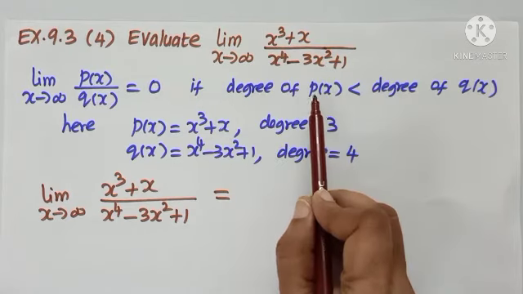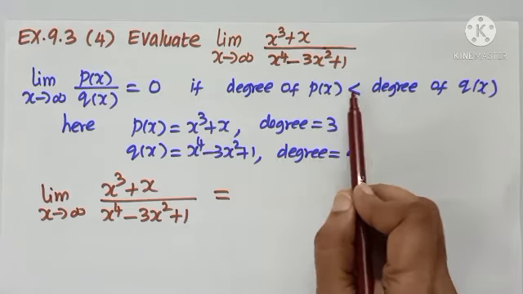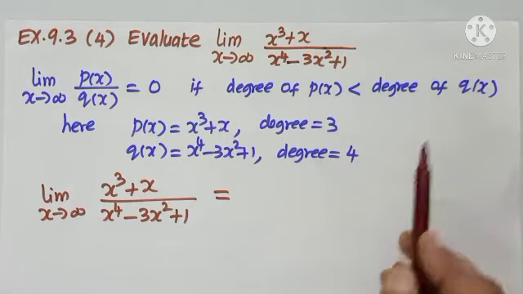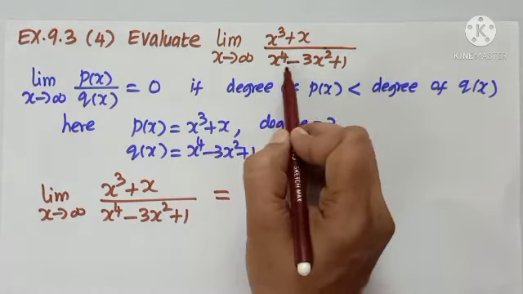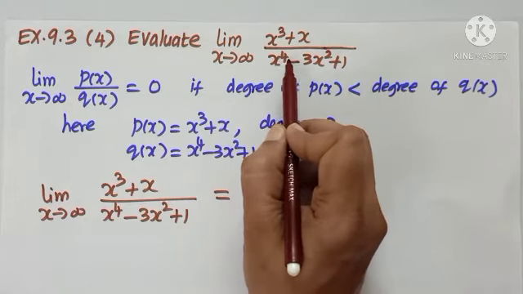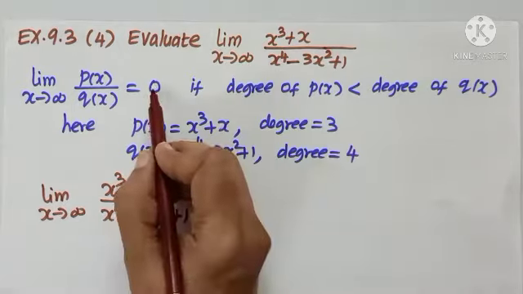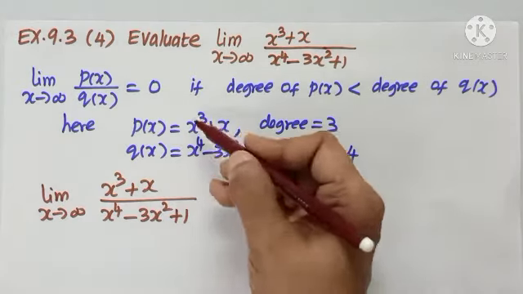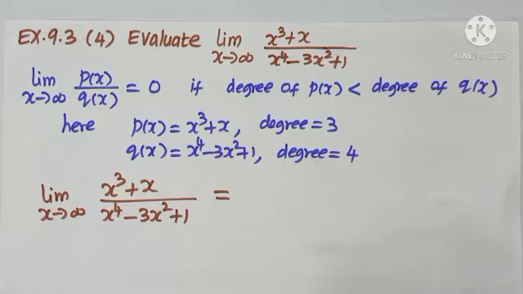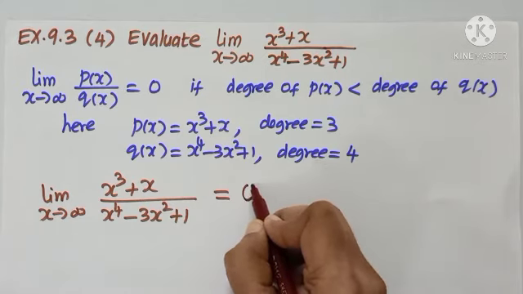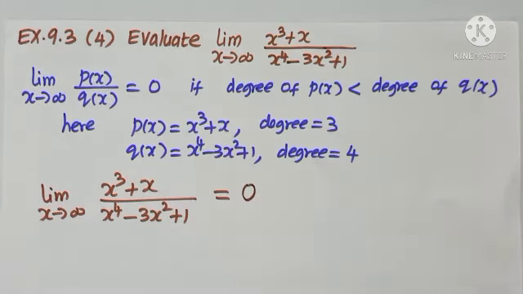So the degree of p of x is below the degree of q of x. Whenever the denominator degree is more, when limit x tends to infinity comes, the answer is 0. Applying the formula in this case, when I compare numerator and denominator, the denominator degree is more and limit x tends to infinity, so I can immediately write the answer as 0.